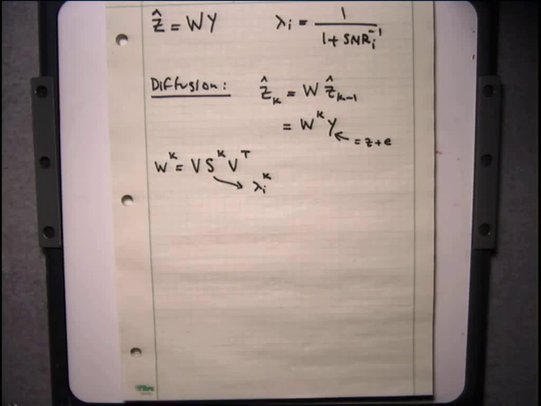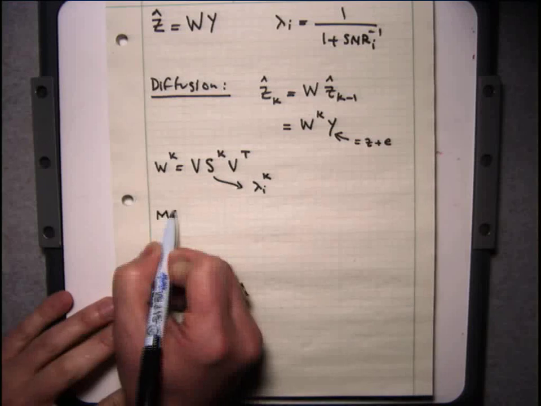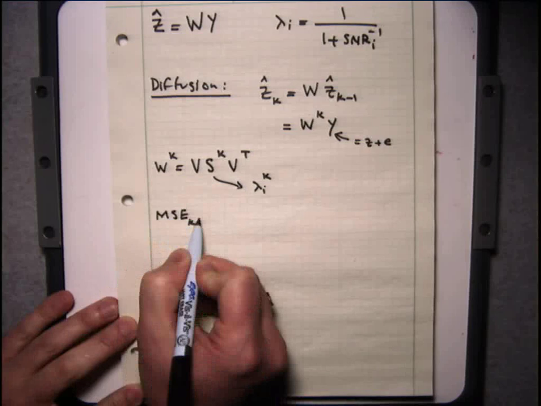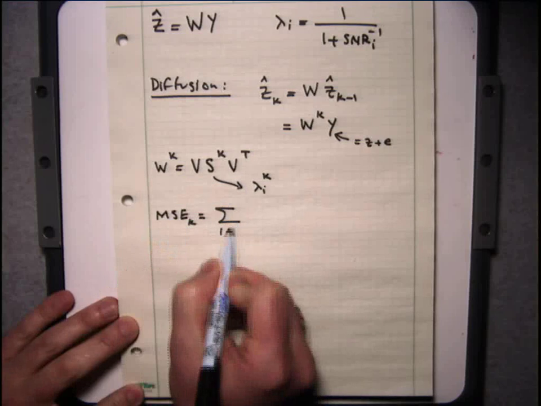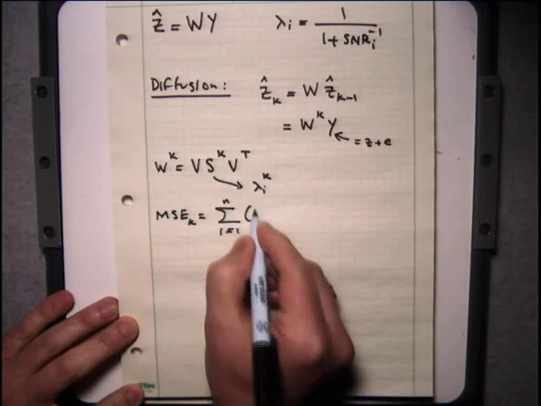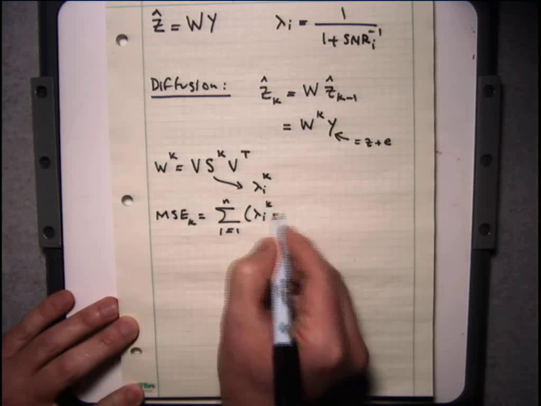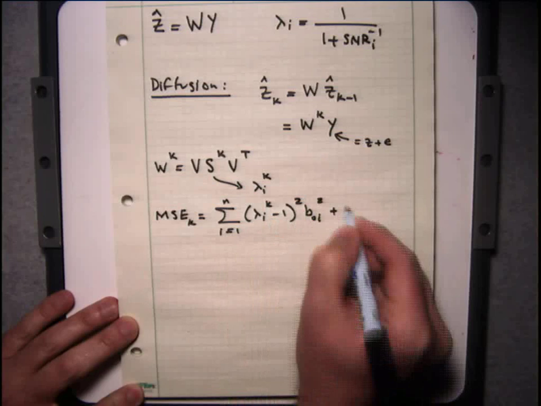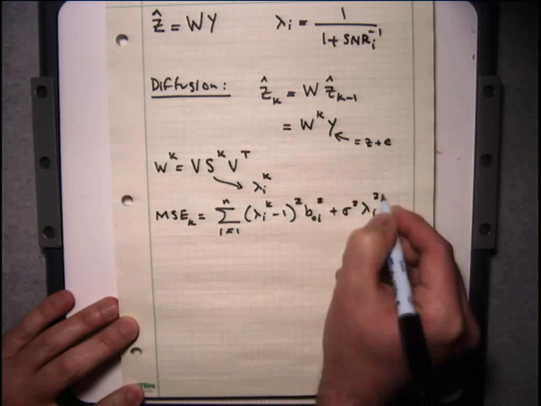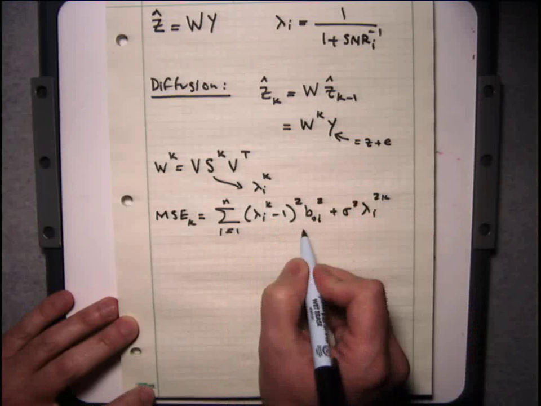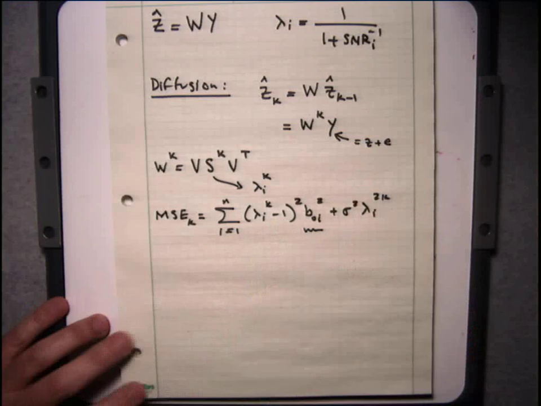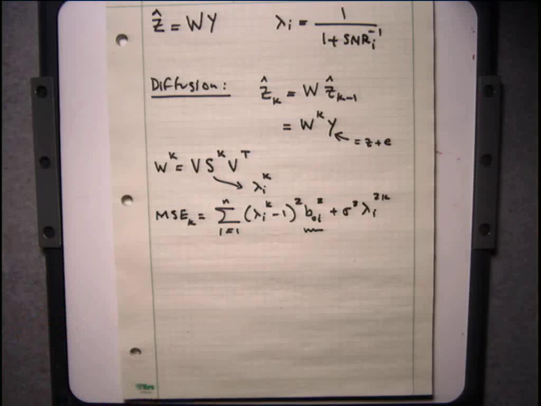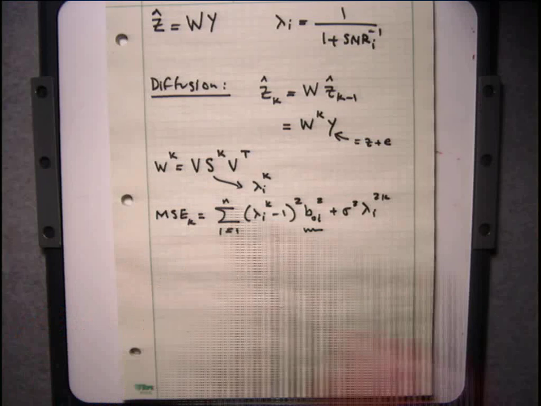Okay, and so using this, then we wrote down the mean squared error as a function of the kth iteration, and that is the sum i equals 1 to n, of lambda i to the k minus 1 squared, beta 0i squared, plus sigma squared lambda i to the 2k. And just to remind you, these coefficients beta 0i are the coefficients of the signal z, which you don't know, in the basis which are the columns of V.